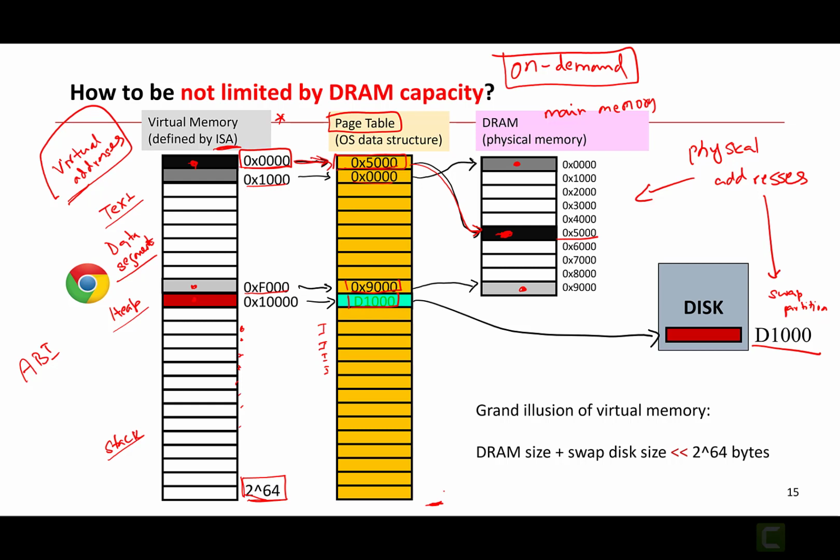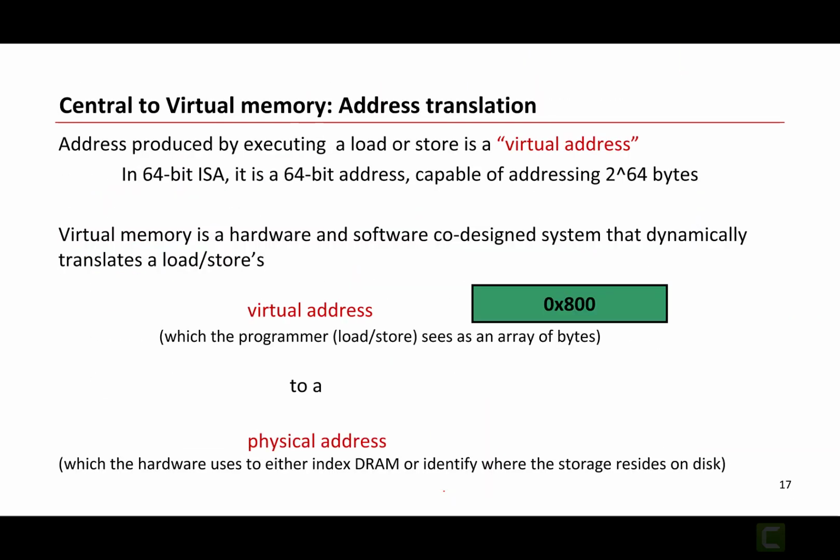Okay, so now let's just talk about what the operating system does to translate a virtual address to a corresponding physical address. A virtual address is what you get from a load or a store instruction, and we want to convert that into a physical address.